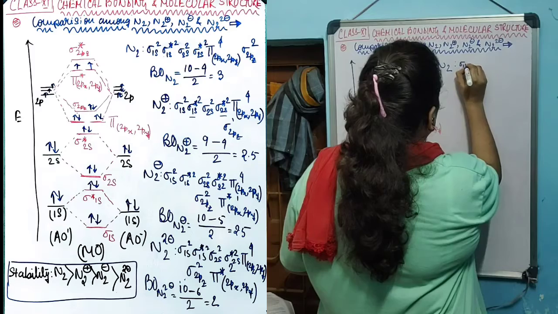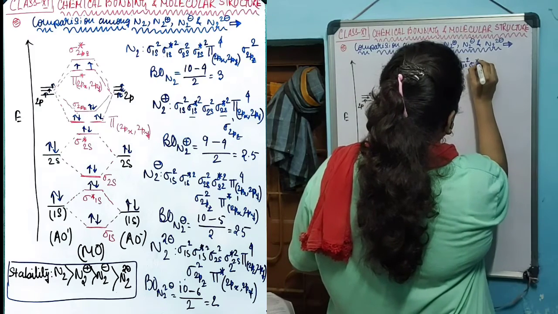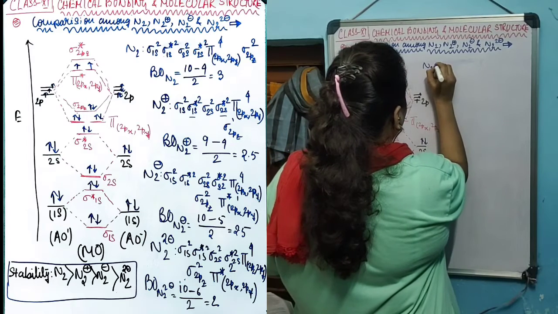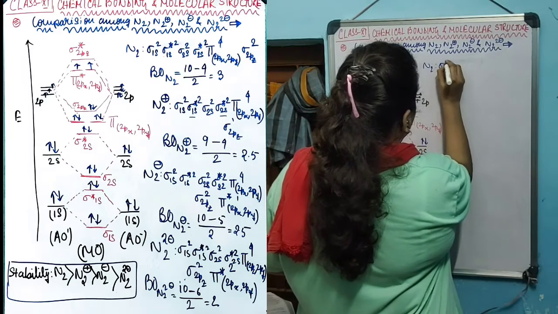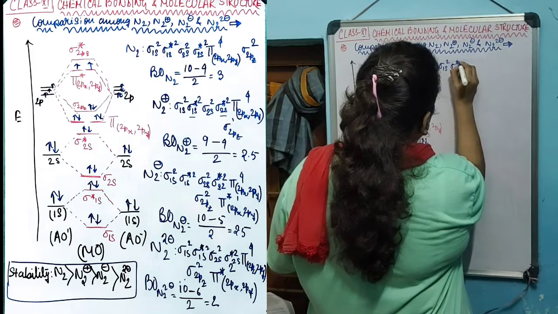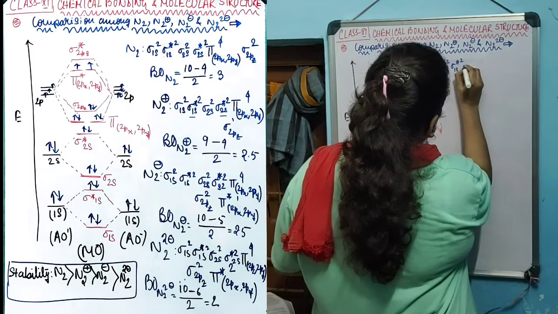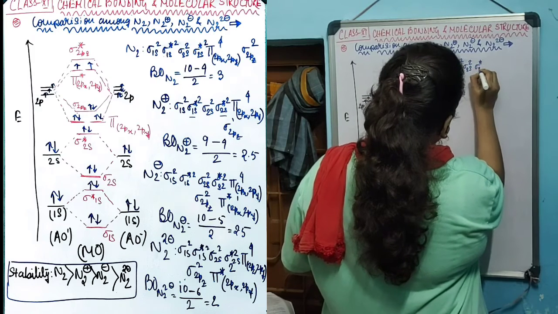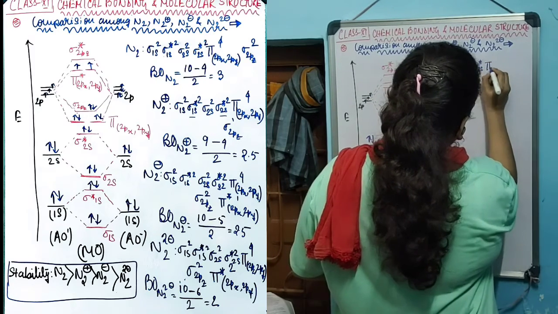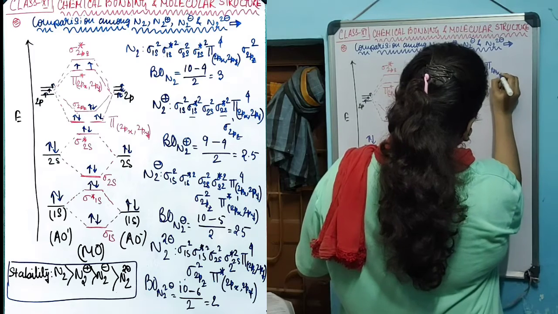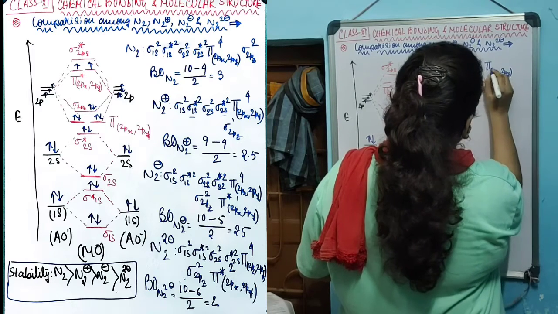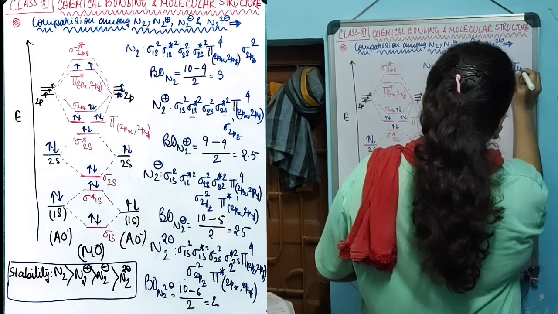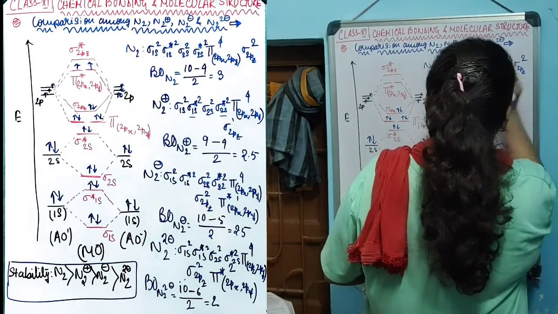sigma 1s 2, sigma star 1s 2, sigma 2s 2, sigma star 2s 2, pi 2px, 2py 4, sigma 2pz 2.